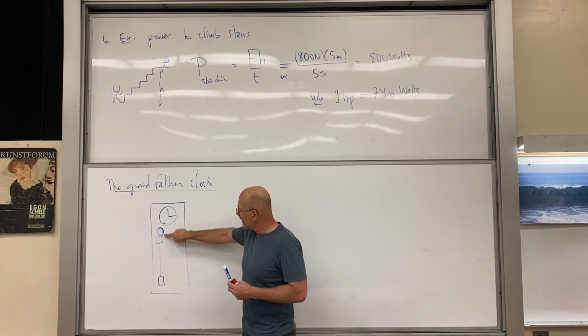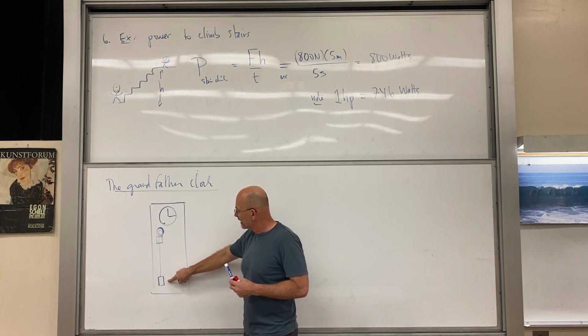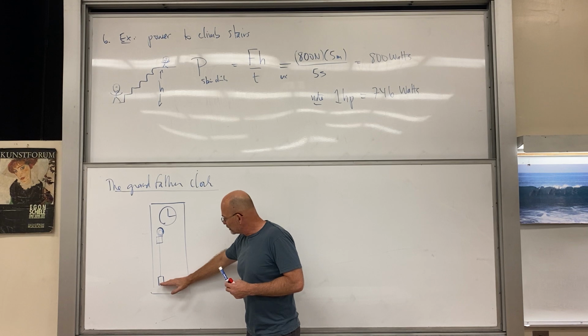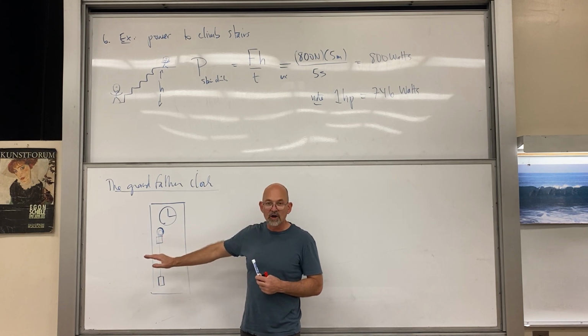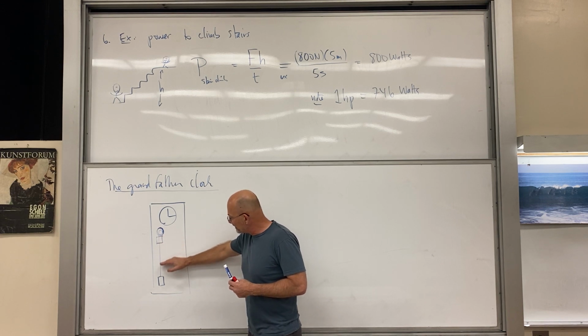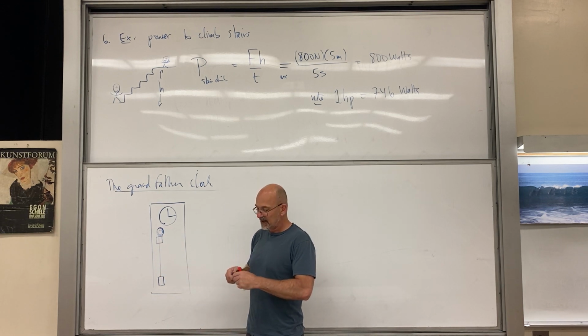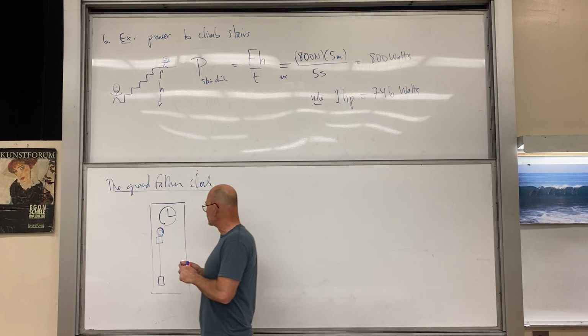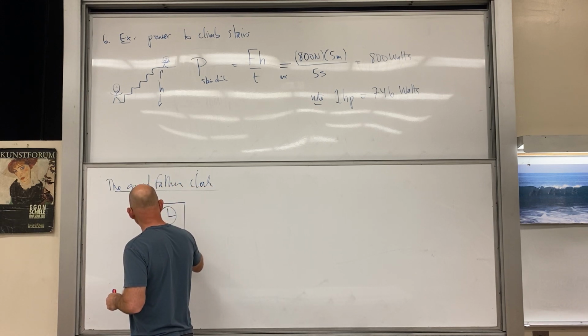Okay, so it starts here and drops down to there, which means to wind it up, I have to do work. And when it drops down, it delivers the work again. Okay, now here's where it gets difficult to draw, because we have to imagine there are some gears. I'll just draw some gears here.